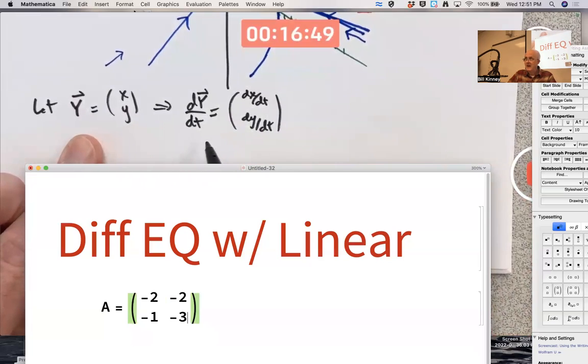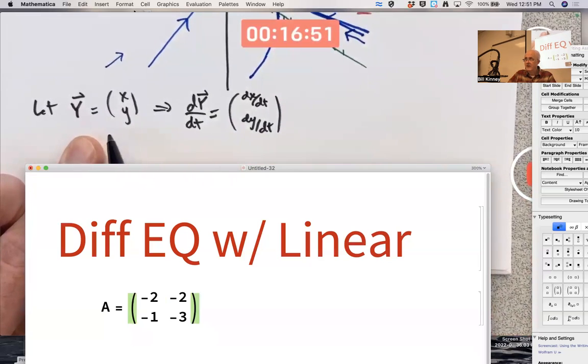These things depend on time. This is going to be a function of time here. There's its derivative. It can be interpreted as a velocity vector for this ultimately parametric curve here. It's a function of t. I didn't put the t in there explicitly.